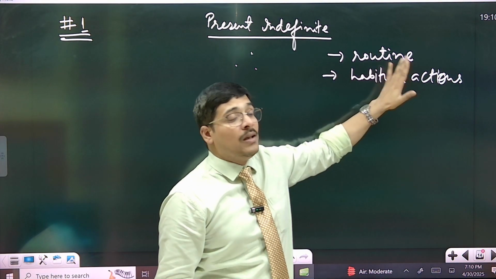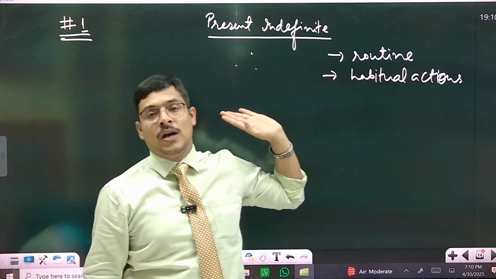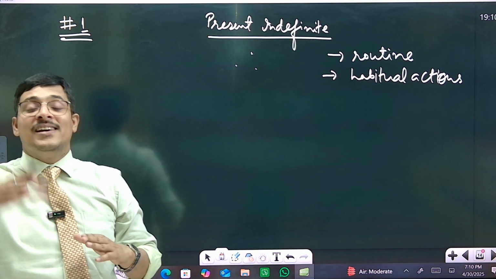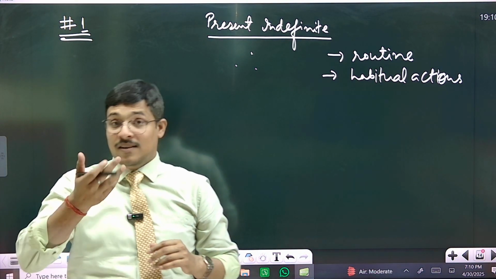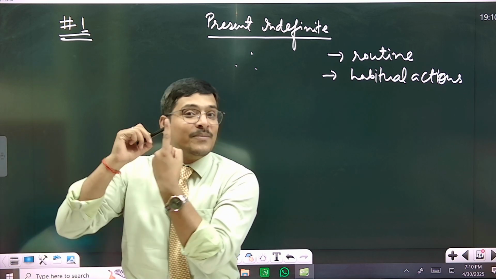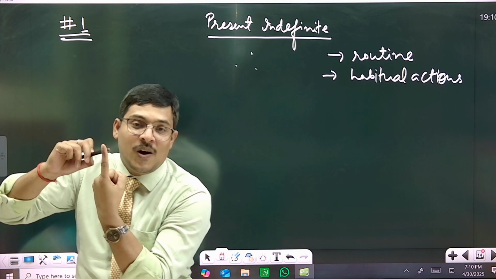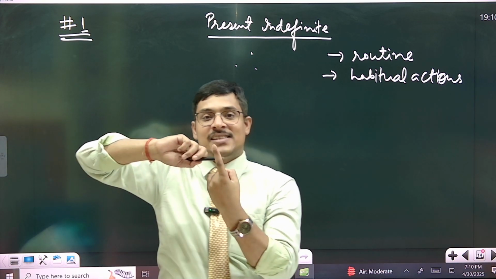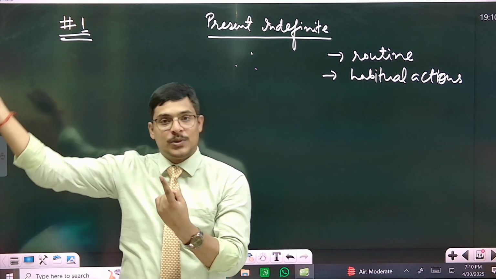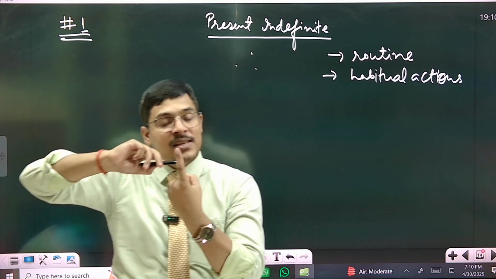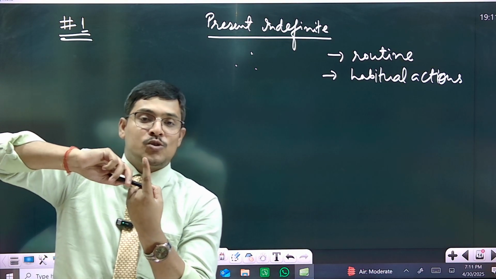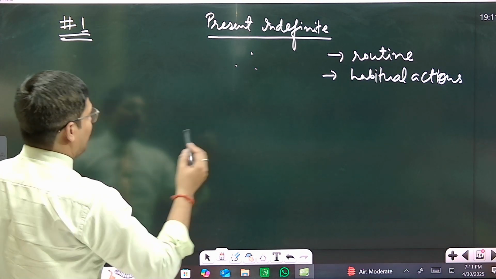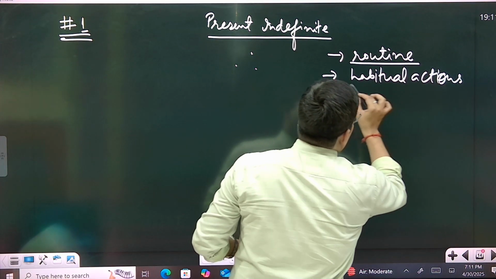These are the simple uses of present indefinite. We will be talking about special uses of present indefinite tense in the later part. Special uses like present indefinite structure can be used for continuous action, for future action, or for past action. This we will discuss later. Okay, fine. Routine and habitual action.